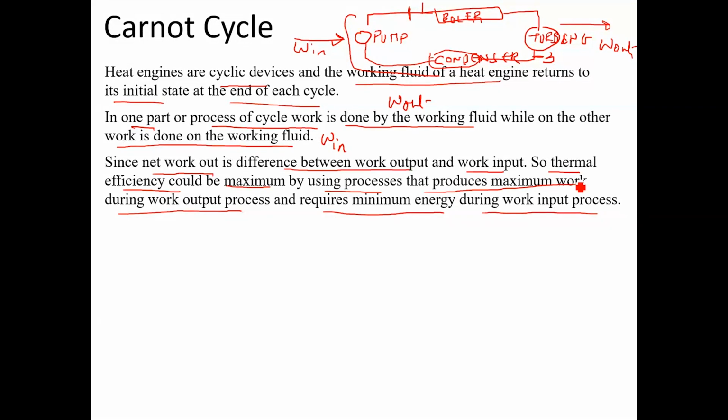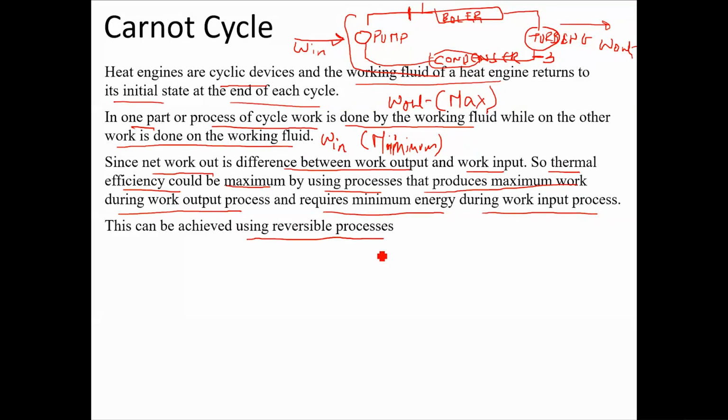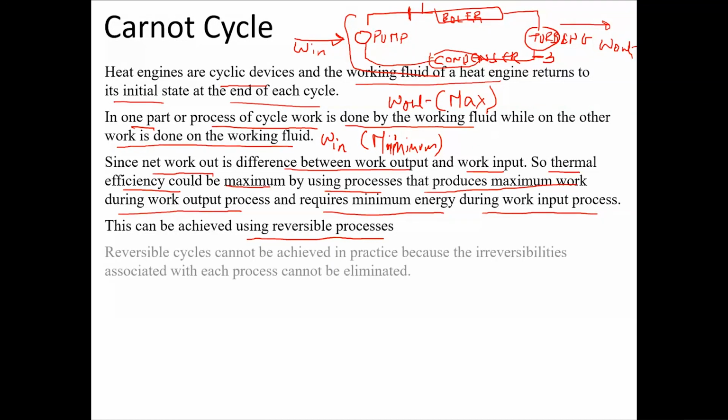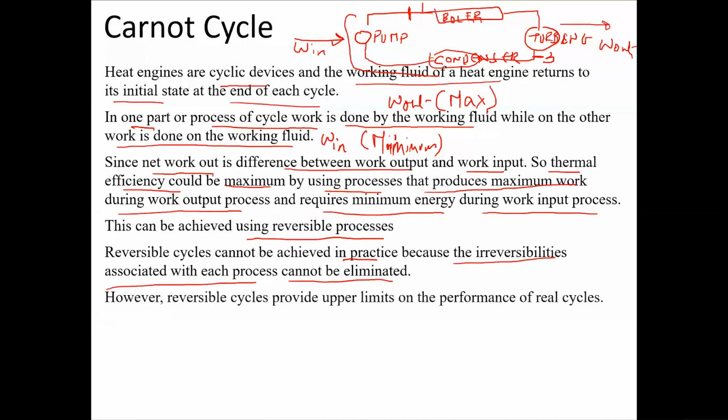You remember that the work you get out of the system should be maximum, and the work you give to the system should be minimum. This can be achieved by performing all the processes in a reversible manner. However, reversible cycles cannot be achieved in practice because the irreversibility associated with each process cannot be eliminated. However, reversible cycles provide upper limits on the performance of real cycles.